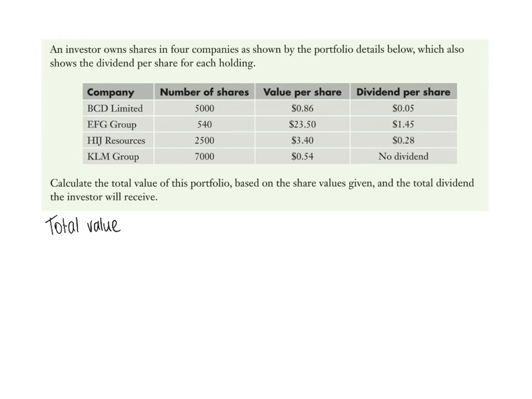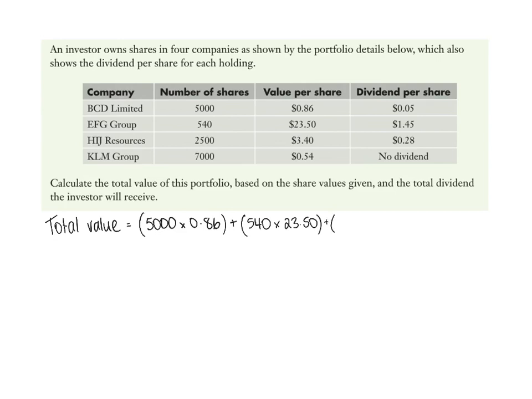Obviously, the value of the shares can fluctuate, so this is a moment in time that they've taken a snapshot for this table. First of all, we'll have the 5,000 shares of BCD, and that's at 86 cents. You don't have to use brackets here. Obviously, BIMDAS says that you do the multiplications first. I'm just showing them in brackets so you can see which part came where. Then we would do the EFG group at 540 shares multiplied at $23.50 per share.